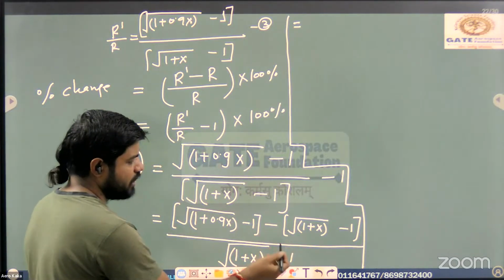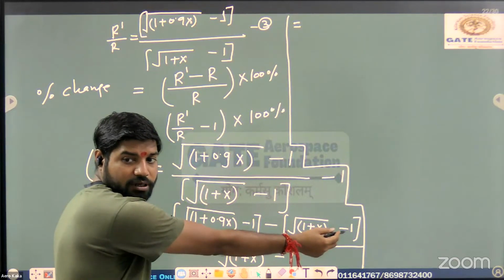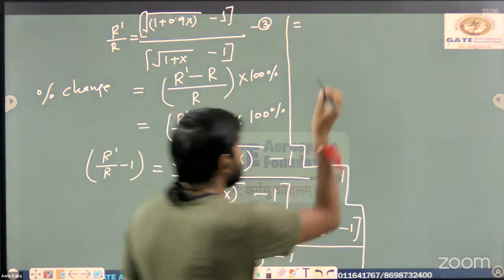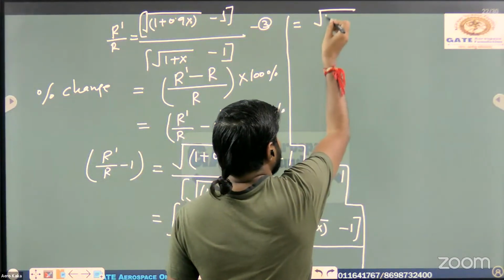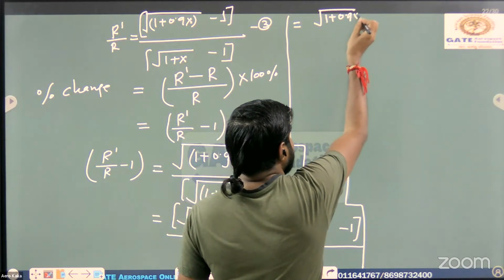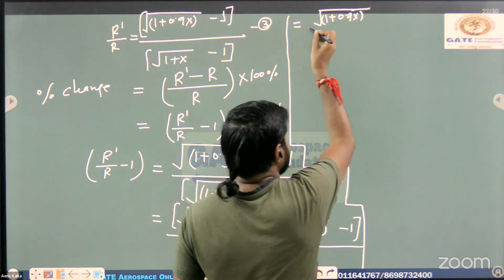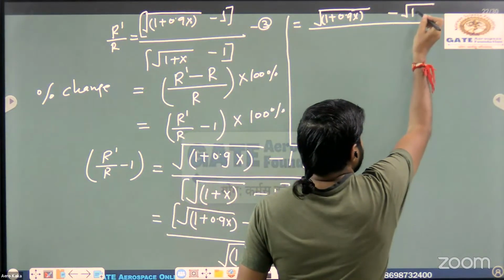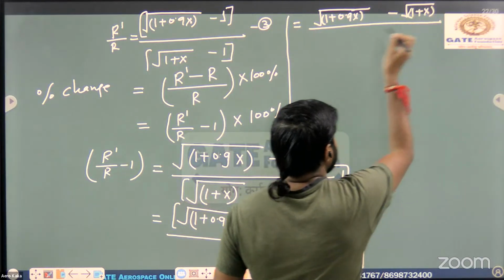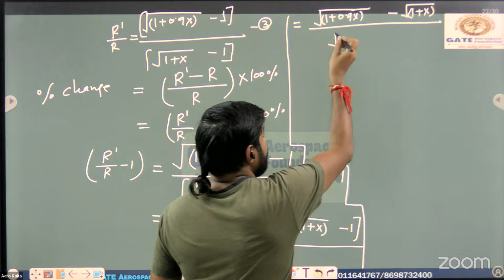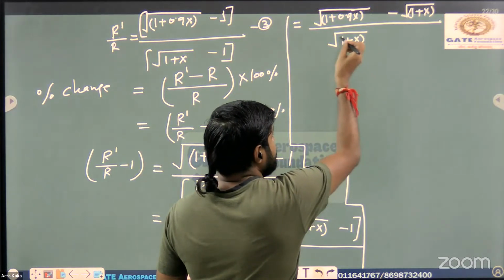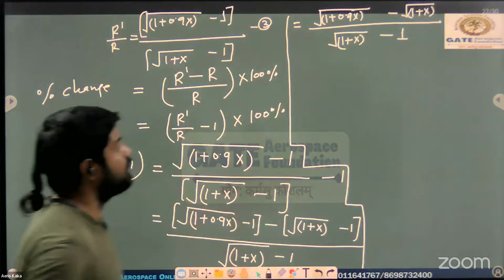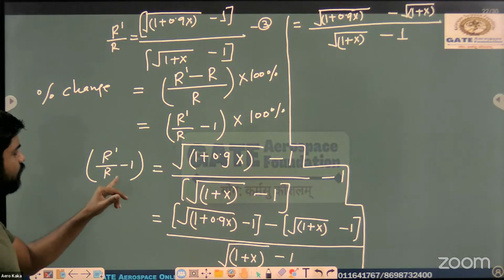If you open this bracket, this minus becomes plus, minus 1 becomes plus 1, so this 1 and this 1 get cancelled. Ultimately we get root of 1 plus 0.9x minus root of 1 plus x, divided by root of 1 plus x minus 1. That's our final value of R prime upon R minus 1.